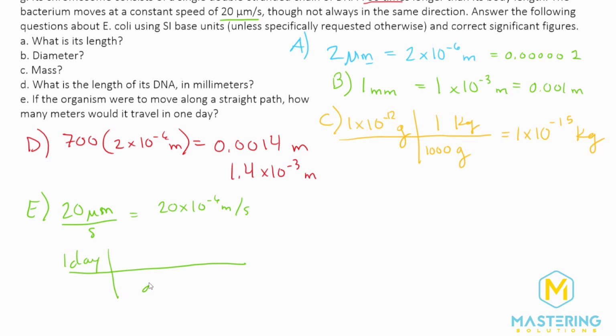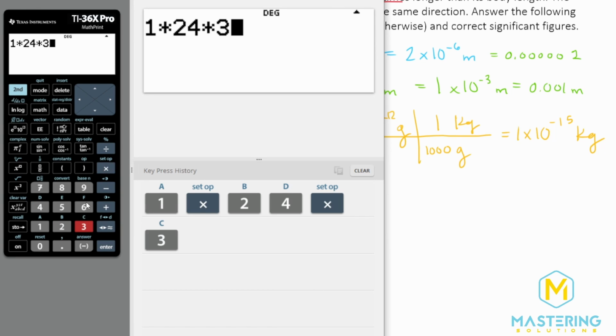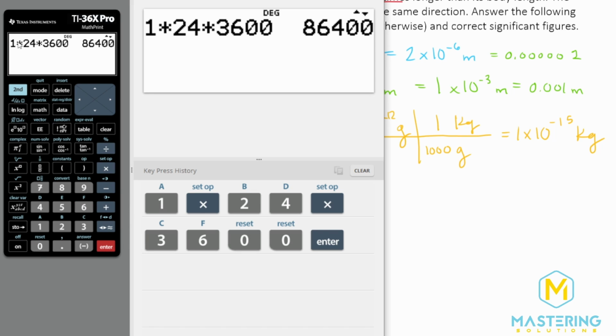So in day on the bottom, that will cancel out 1 day. There are 24 hours, so now days are gone. And then in 1 hour, it'll be opposite, so the hours will cancel. We have 3,600 seconds. So now you can do 1 times 24 times 3,600. Obviously for the calculator, you don't actually have to put in the 1.